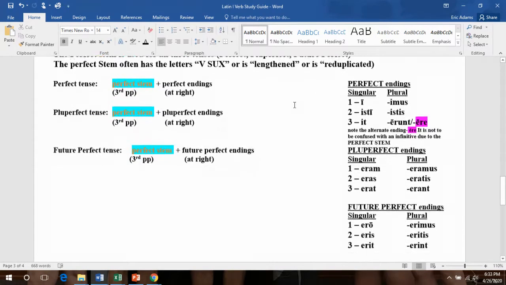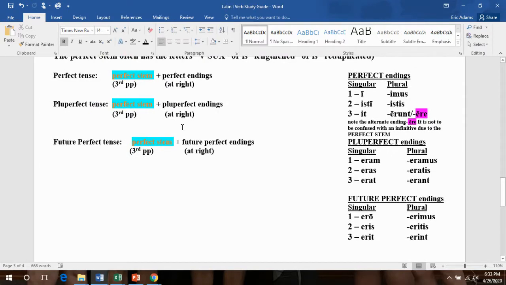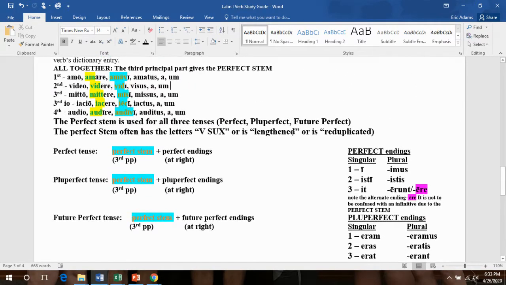Nevertheless, as well, you now have an introduction of the two new tenses. That would be the pluperfect tense and the future perfect tense. First, with the pluperfect. The pluperfect tense is going to indicate action that is before another action in the past.